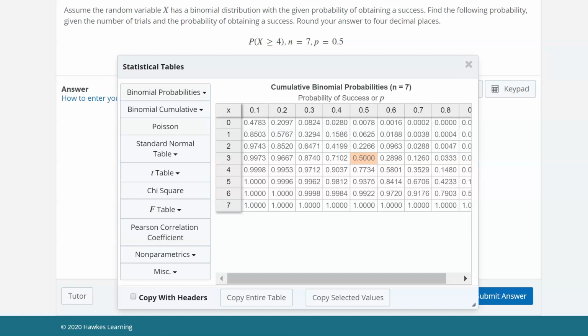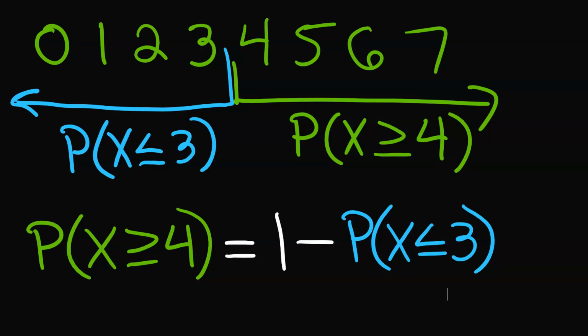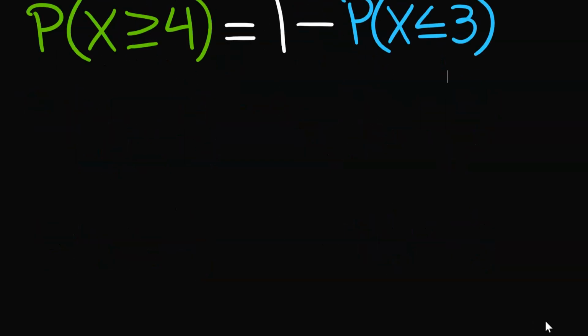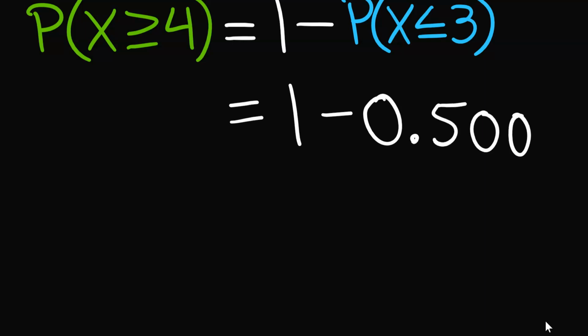So if we go back and plug in here, the probability we want is 1 minus 0.5000. Just a coincidence, it came out to be exactly 0.5 on that one.